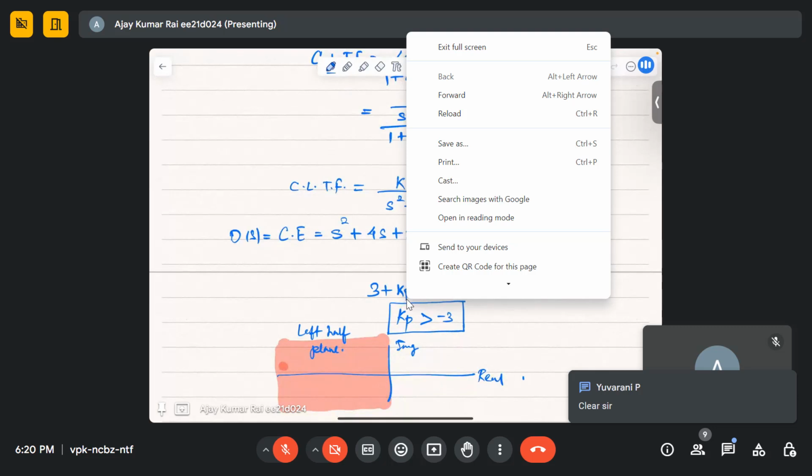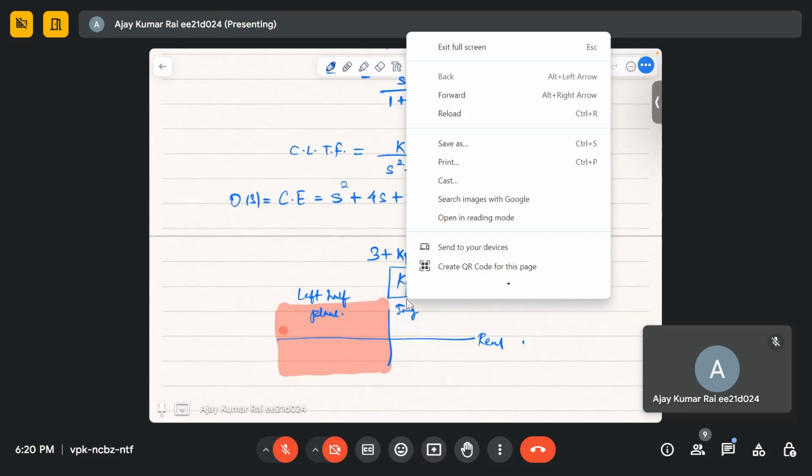You can also make the Routh array. If you're not clear, you can make the Routh array and you'll get this condition, where in the first row you'll get 3 plus Kp, and that should be greater than 0 for no sign change. Okay, so you'll get this.